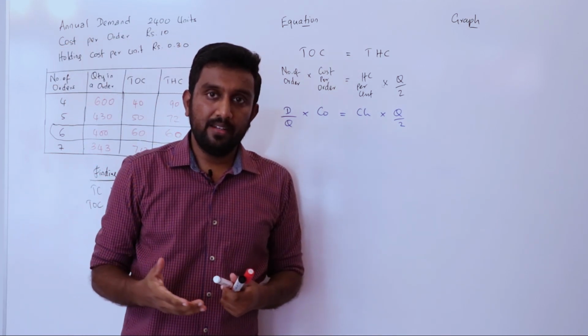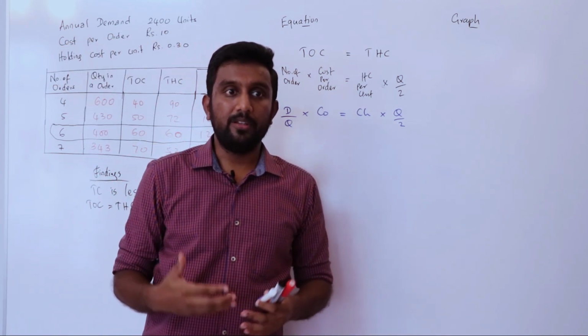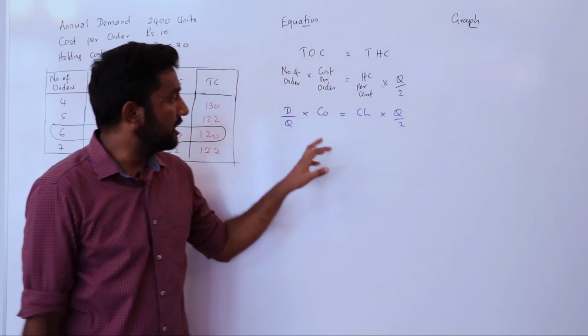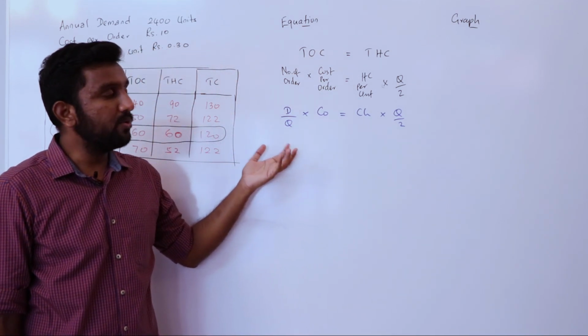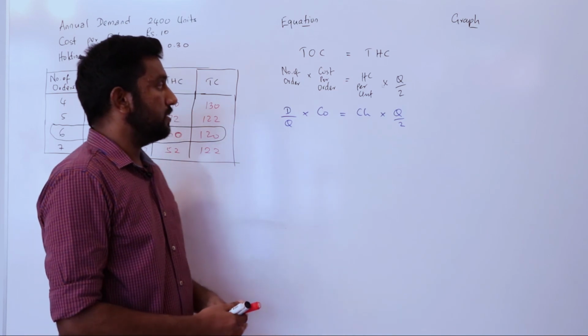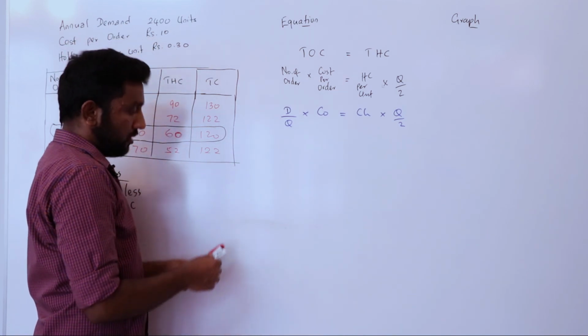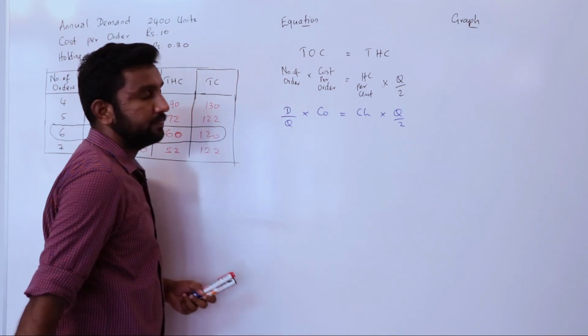So we have to arrive at the equation for the EOQ, which is Q here. So we have to make Q the subject. How to do that? Let's remove this Q first.